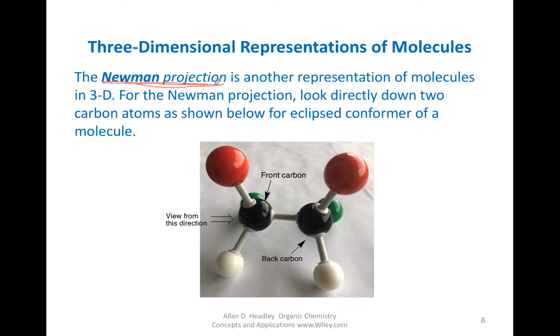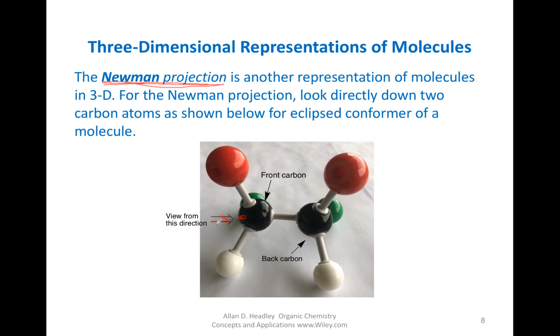So we have different ways of explaining things. So here's another way of communicating a three-dimensional arrangement of the atoms. This was developed by Newman, a chemist, and his description is to look down this carbon. So determine a front carbon and a back carbon. So you look down the front carbon.